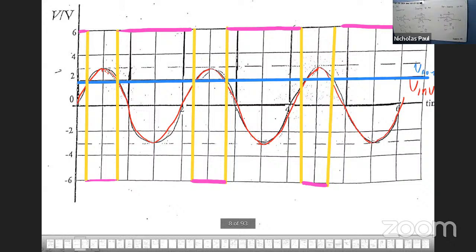Suppose you have two alternators. Oh, you mean like, okay, suppose it looks like this. Suppose it looks something like that. What would you do? Suppose it looks like a green line.